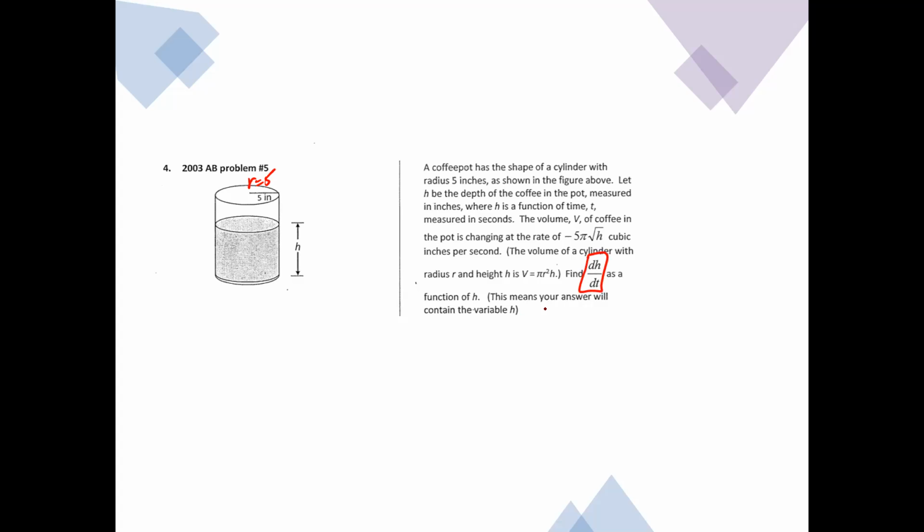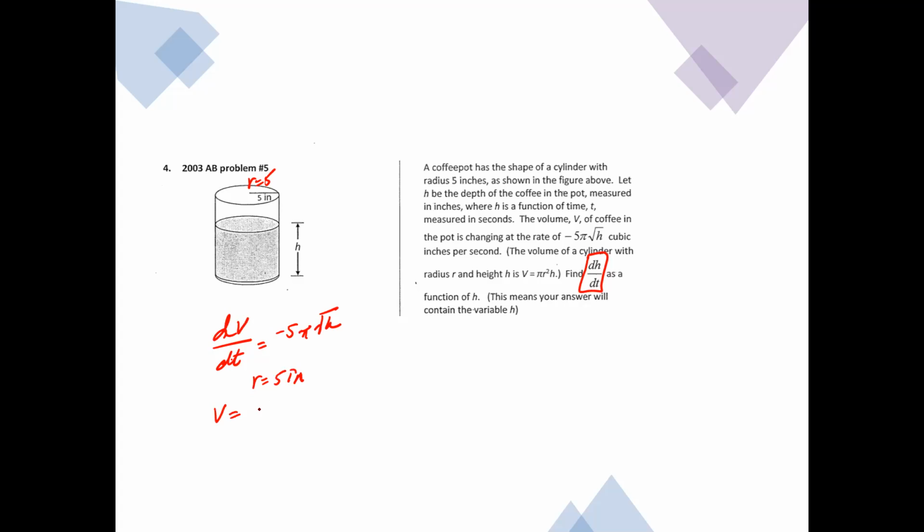So then what we're going to do is, it is given to you that the volume of the coffee is changing. So the volume changing for the coffee is dV over dt equals negative 5 pi square root h. It's also given to you that the radius is 5 inches.